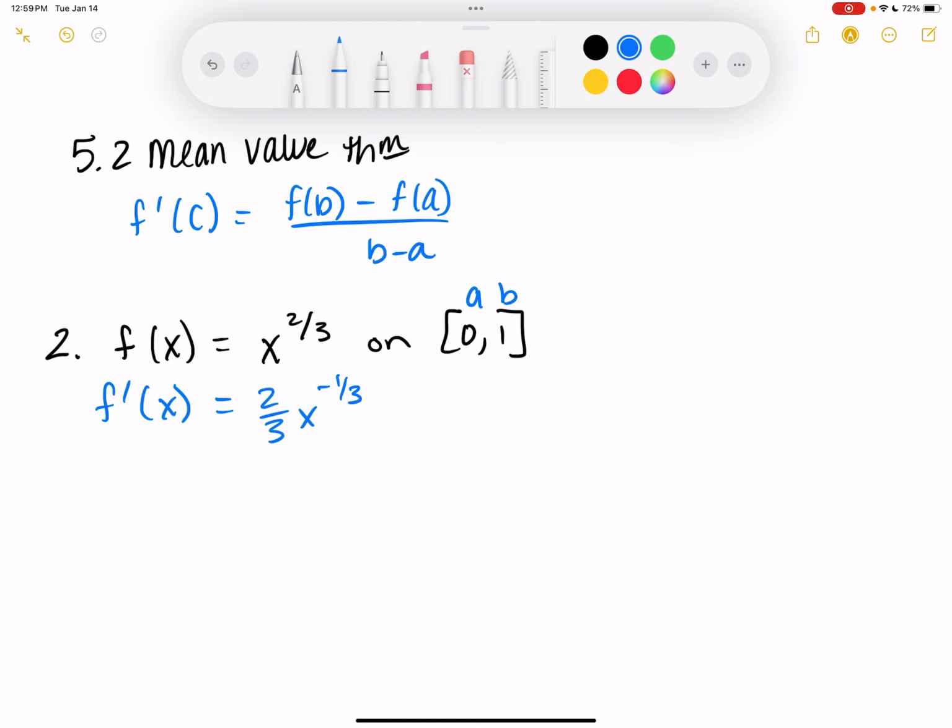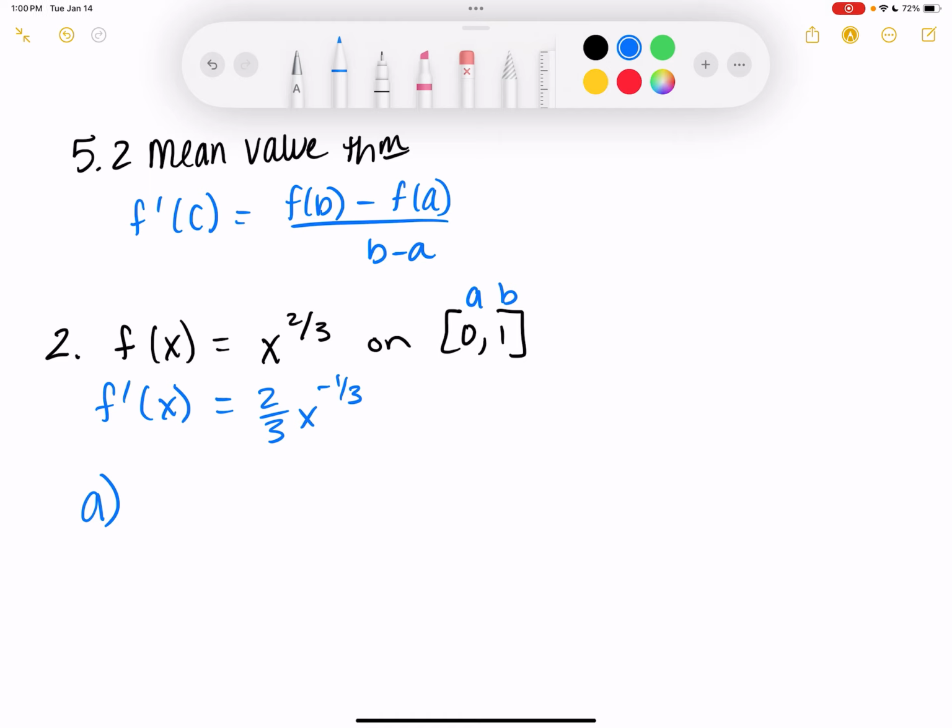Oh, I understand. Okay, so what we're going to do is part A is the part that wants us to state whether the function satisfies the hypothesis of the mean value theorem on the given interval. So basically we're going to replace x with c and then replace f of b and f of a with their values essentially.